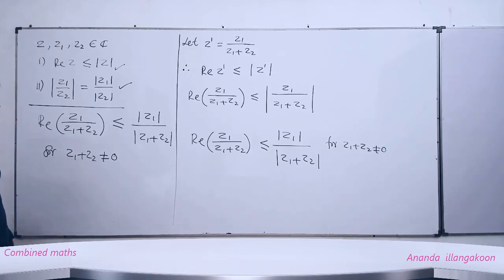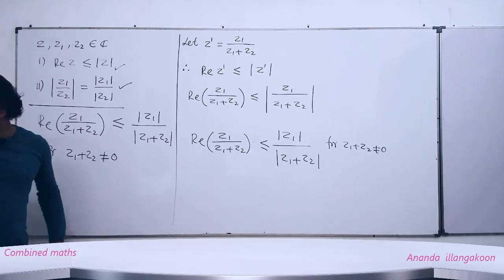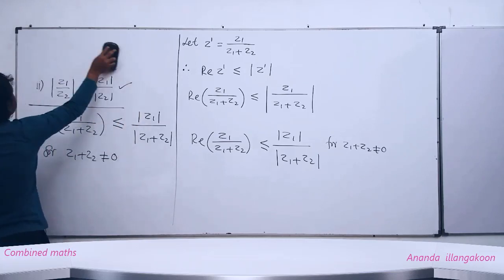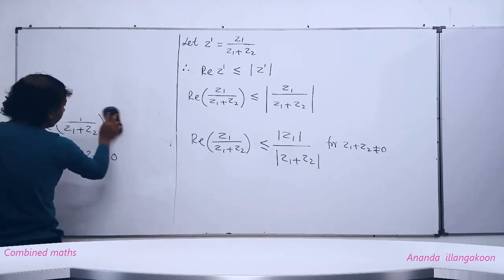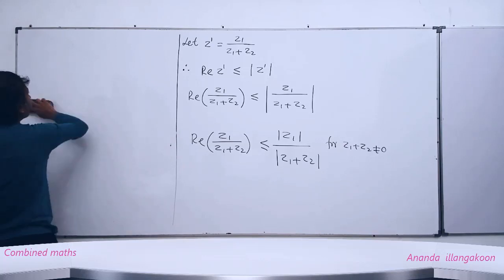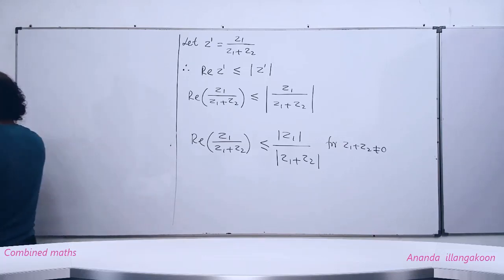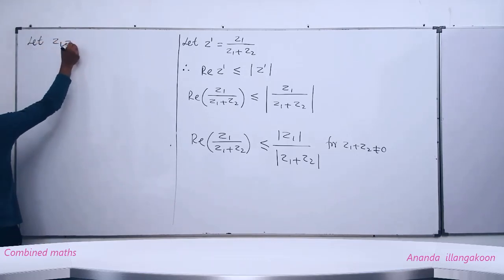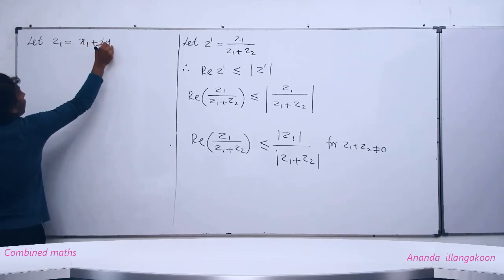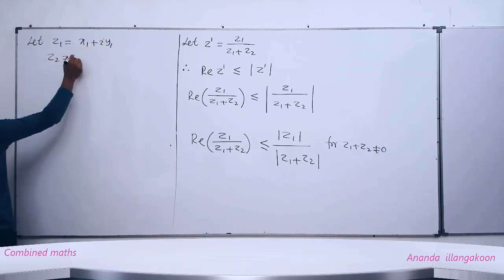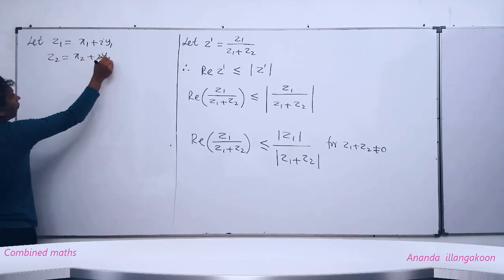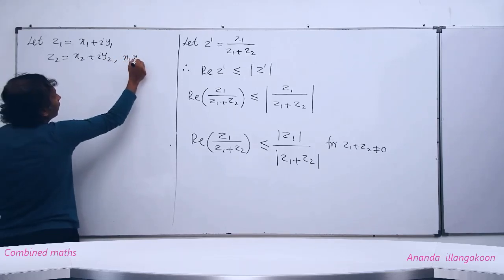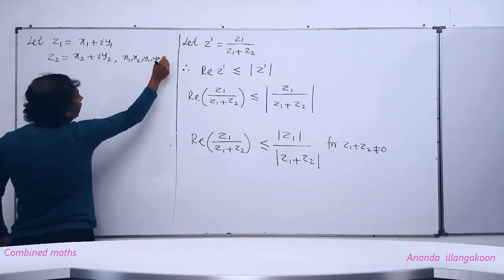If we want to get this answer, we can very clearly see this result. This you know already. Right? If I consider a complex number Z1 as x1 plus iy1 and another complex number Z2 as x2 plus iy2, these x1, x2, y1, y2 are real numbers.